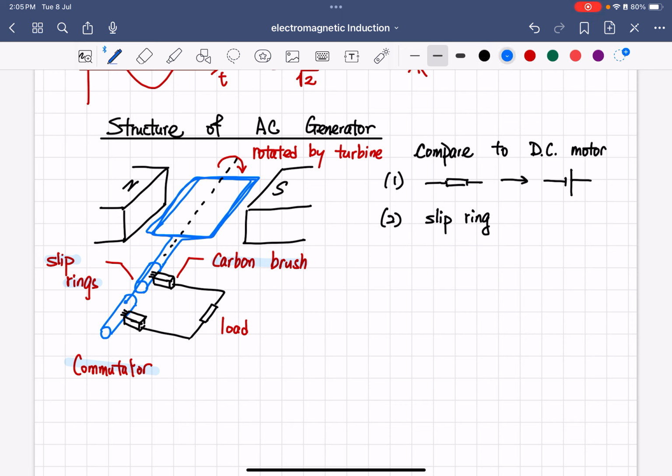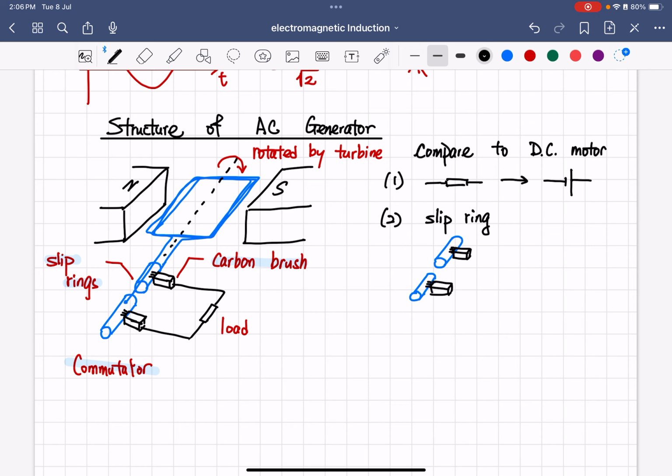Okay, slip ring is like two cylinders. It does not have any function like this. And each ring is connected to one carbon brush all the time.